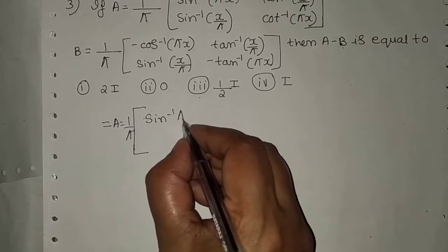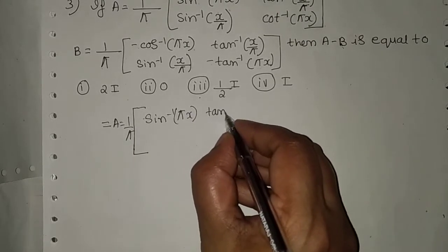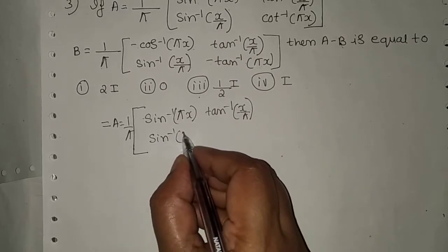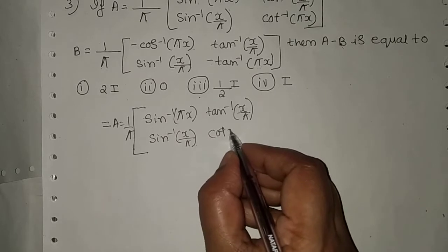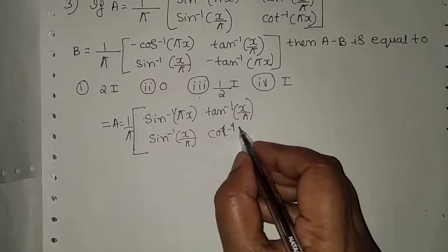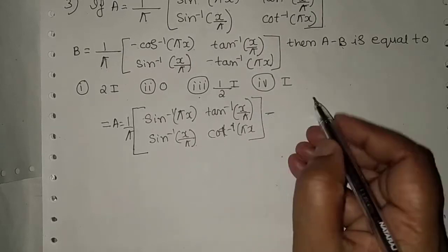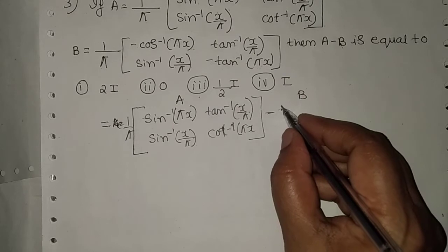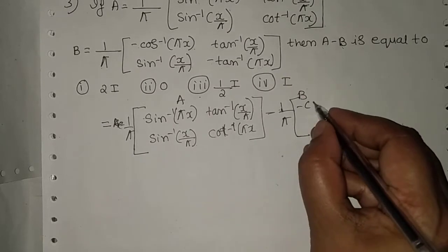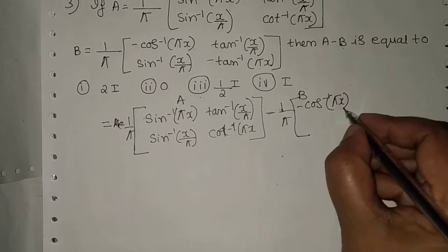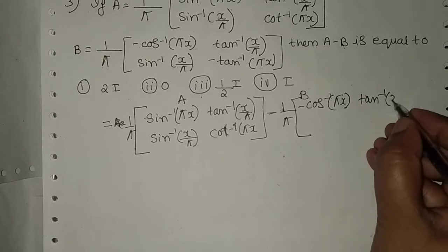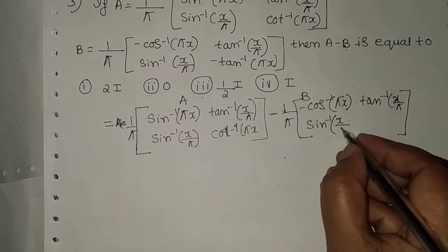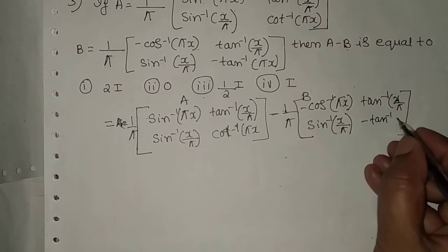So we'll write down this sin inverse pi x as it is, and tan inverse x by pi, then cot inverse pi x, minus, this one is B, I'll write here A, then I'll write B here, then here also 1 by pi, write as it is, minus cos inverse pi x, tan inverse x by pi, sin inverse x by pi, minus tan inverse pi x.